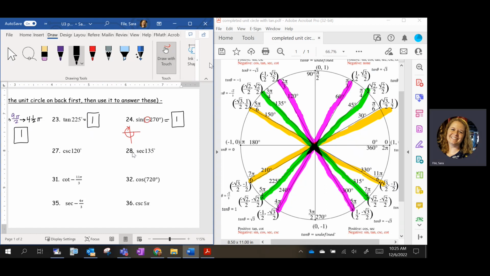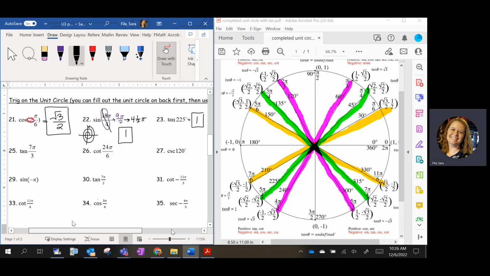So far, so good? Okay, so that was some basic sine, cosine, tangent. Here's one more tangent before we get into some of the reciprocals. 7 pi thirds. That's not on my unit circle, but if it helps you, you could change it to a mixed number.